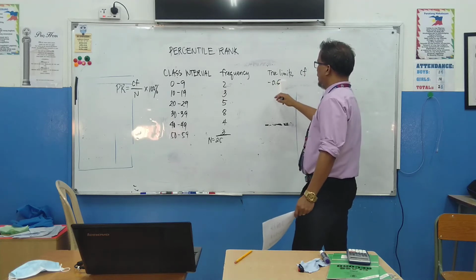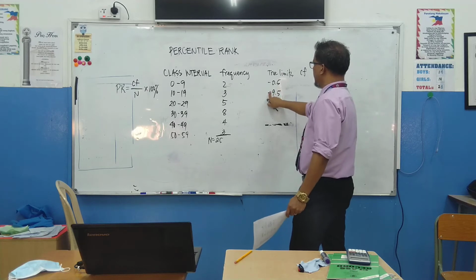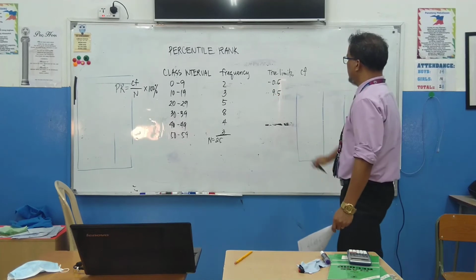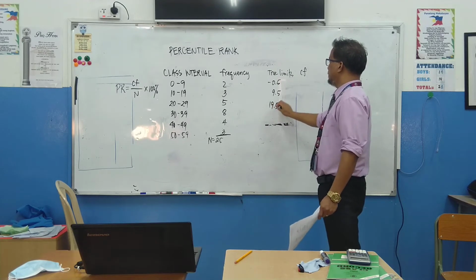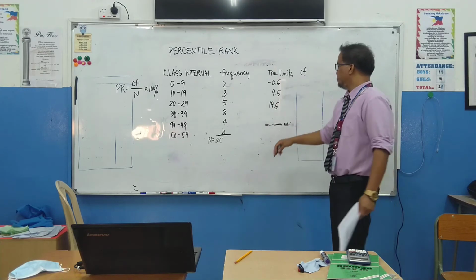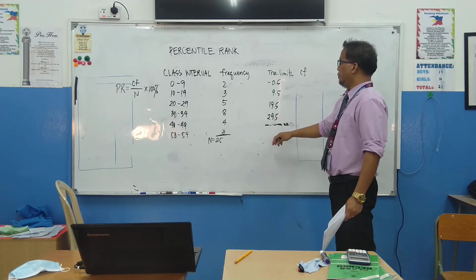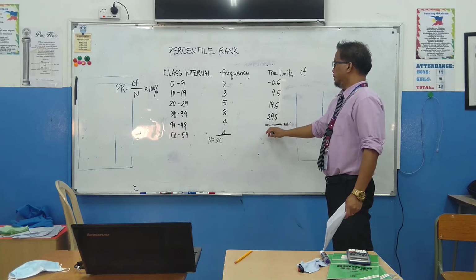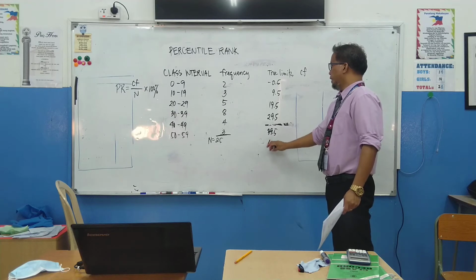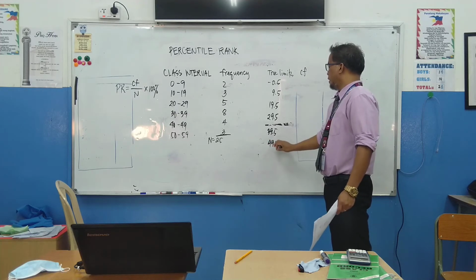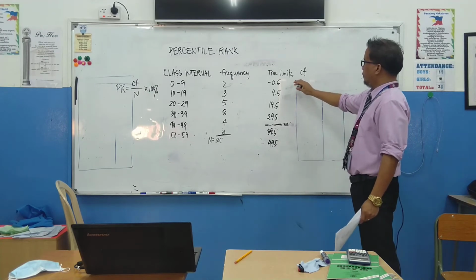Then 9.5, 19.5, 29.5, 39.5, 49.5. And then for the upper limits we just add 0.5.